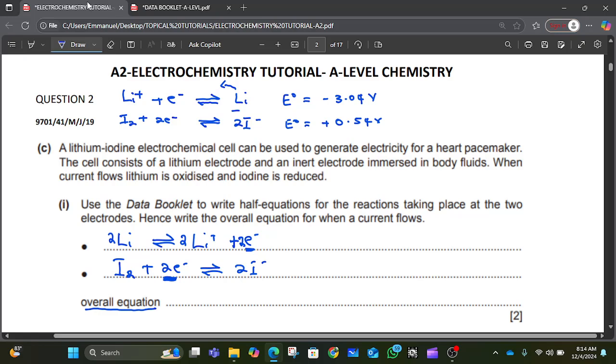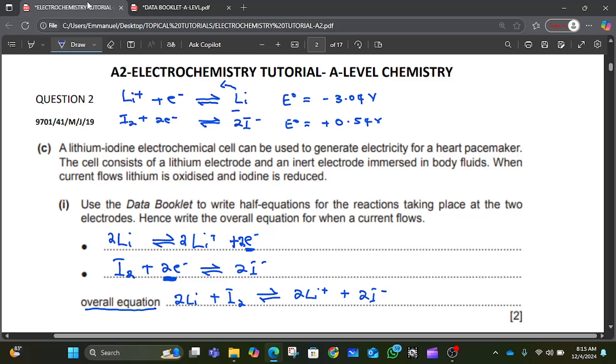And so once we have been able to multiply this through with 2, we can now add the two equations. So this will be 2Li plus I2 giving us 2Li plus plus 2I minus.